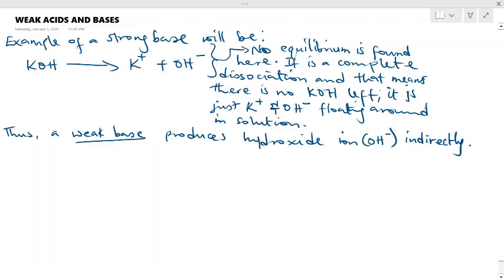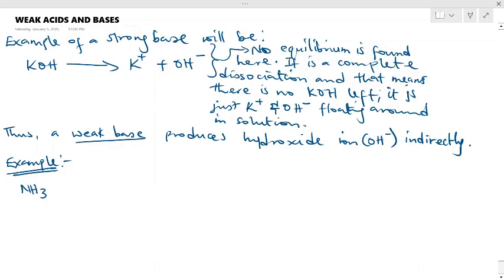Okay, so let's look at an example of a weak base. Let's look at ammonia, NH3.